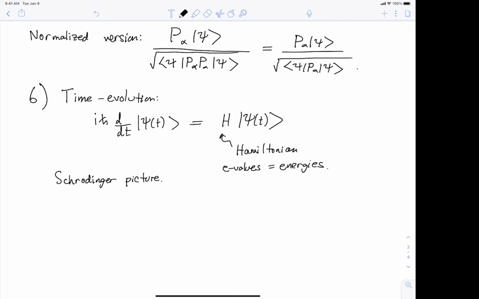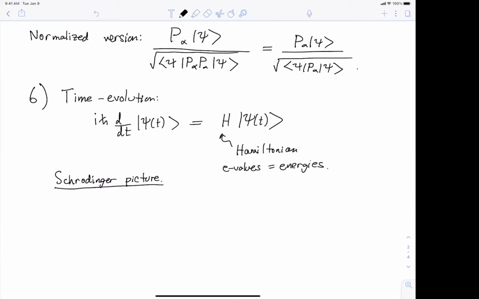And so later on, we will be discussing the Heisenberg picture and the Dirac picture, otherwise known as the interaction picture, in which the state of the system does not obey this equation, but it's equivalent to this equation. And so implicitly, when I'm saying this is a postulate of quantum mechanics, I'm saying this is a postulate of quantum mechanics in the Schrödinger picture. But the point is, it's equivalent to any other picture that you might want to define.